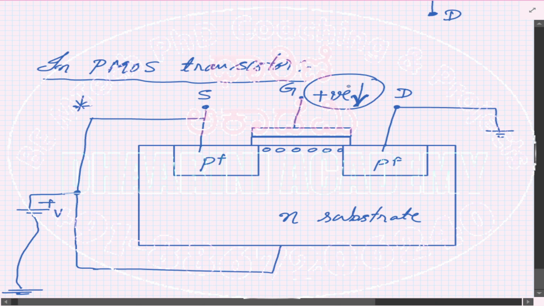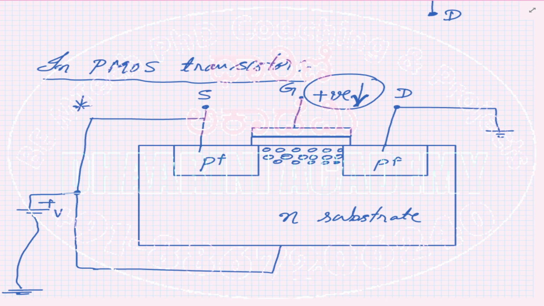When the gate voltage is reduced by a sufficiently large amount, we understand that there is accumulation of positive charges below the gate region, between the oxide layer and the N substrate. As I have shown here, you can see the accumulation of holes.